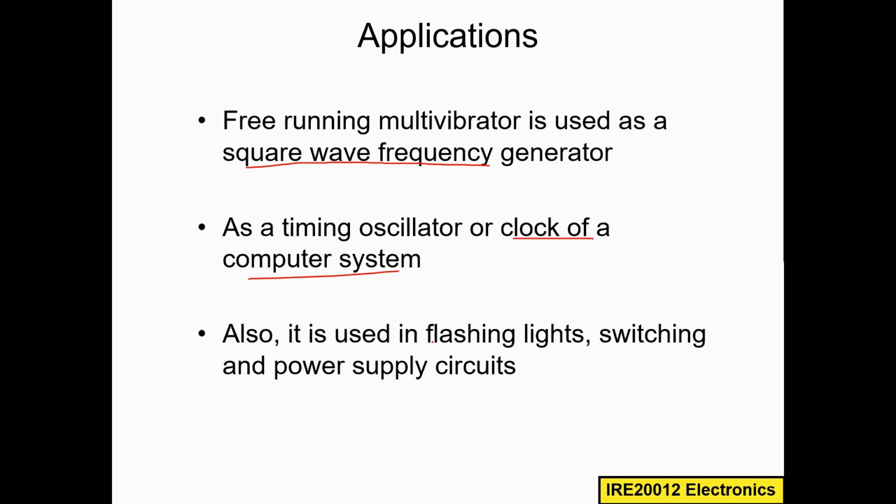Sometimes flashing lights are on and off, right? So we can drive LEDs by using the output of this astable multivibrator, and then you will have the flashing light at the output in the practical application. You can also use it in switching and power supply circuits. So these are a few applications of the astable multivibrator.